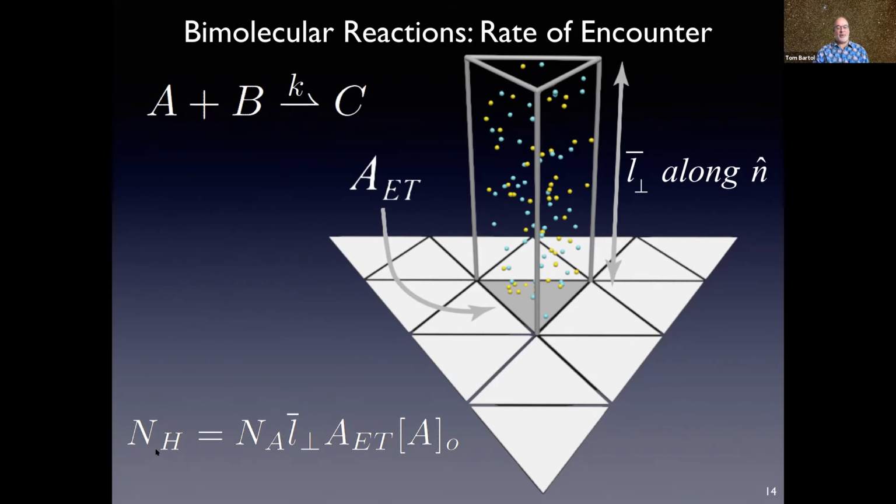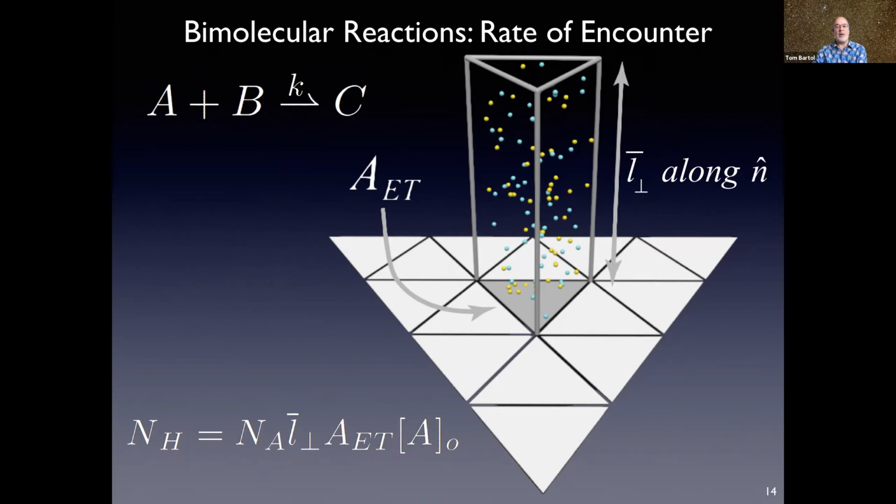And so that's what we call the number of hits, n sub h. And this is on one side of the surface. We can imagine that there's another prism like this below, and particles below will come up and hit from below. But let's just talk about one side of the surface. This is the number of hits that occur.